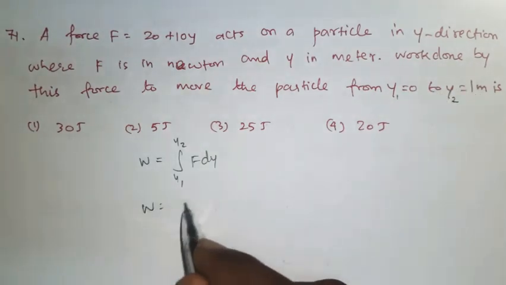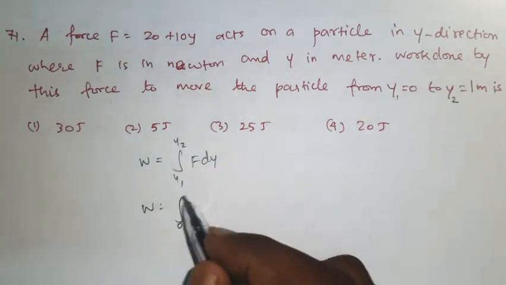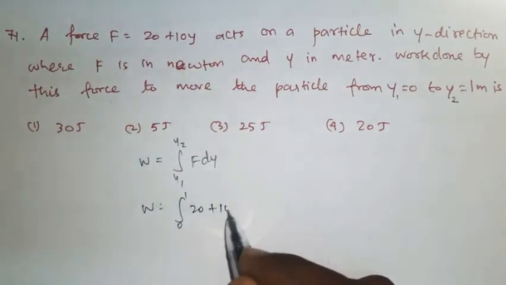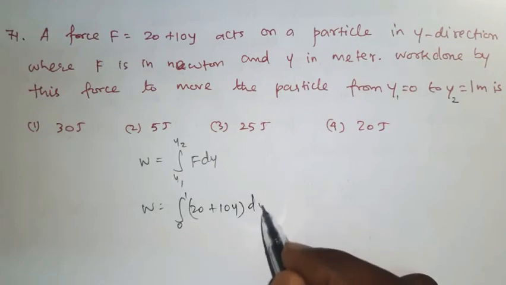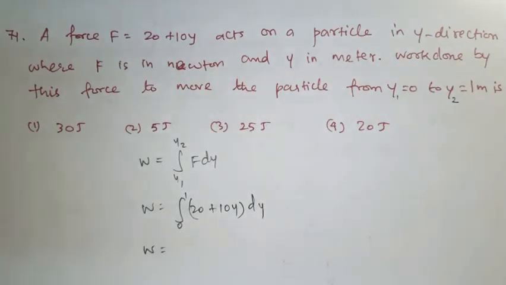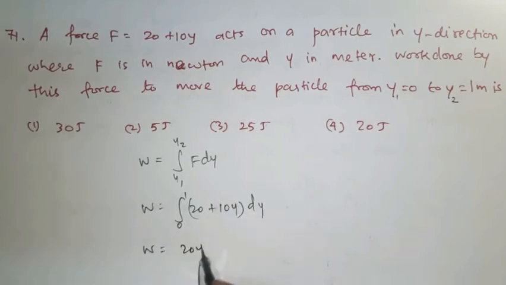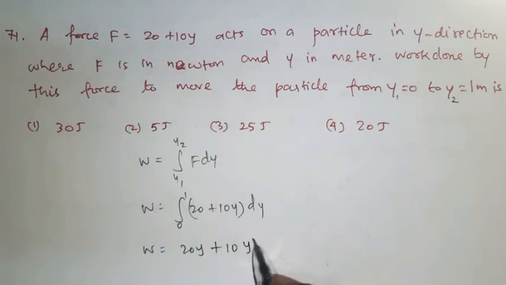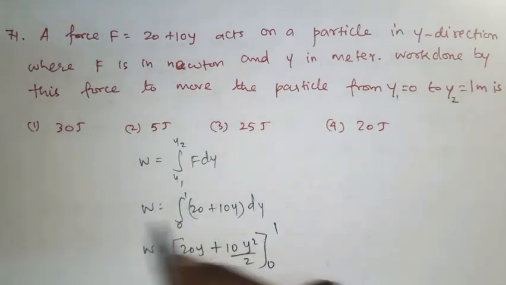Now W = ∫ from 0 to 1 of (20 + 10y) dy. The integral of 20 dy is 20y, and the integral of 10y dy is 10 y squared by 2. Now use the limits.